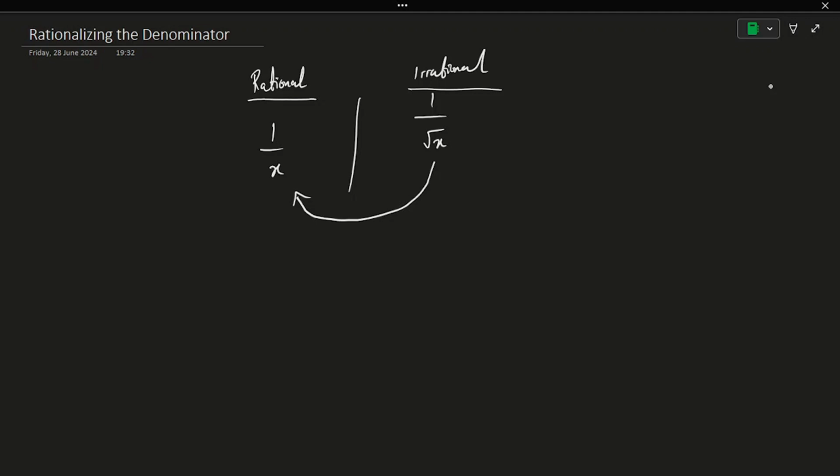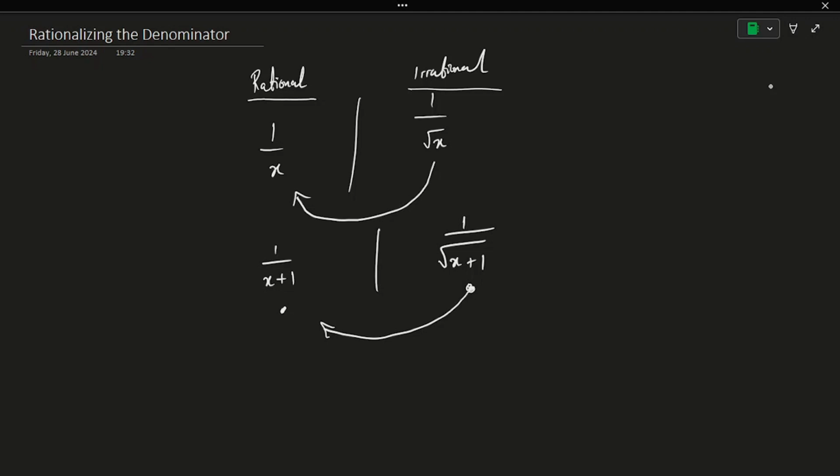So for example, if you have 1 divided by x plus 1 and also 1 divided by the square root of x plus 1, this one has an irrational denominator, and this one has a rational denominator. To rationalize the denominator, you'd want to remove the square root so that you have something that doesn't have a square root in the denominator. That is the main idea of rationalizing the denominator.